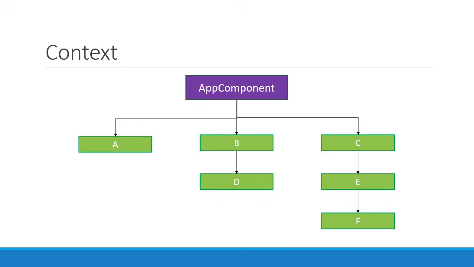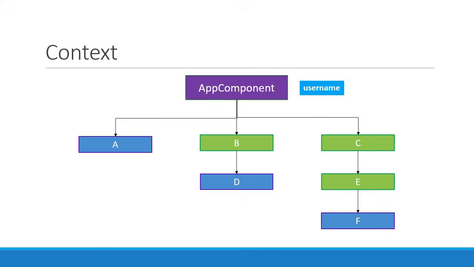The requirement in our application is that components A, D, and F are supposed to display the logged in username. That information is maintained as a property in the app component. So to be able to display the username in the nested components, we need to pass down the username as a prop.